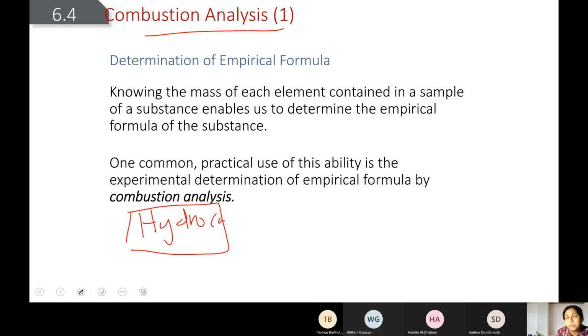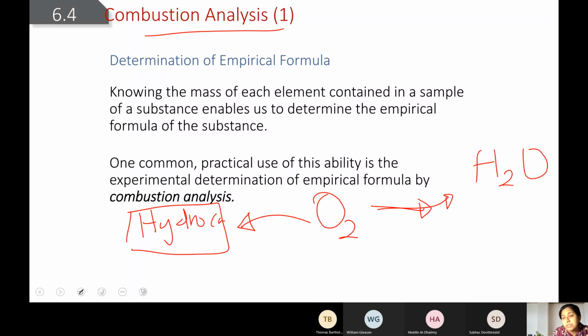Okay, how can we burn a hydrocarbon? Yes, we need to supply oxygen. And when a hydrocarbon is burned with oxygen, it will give H2O and CO2.